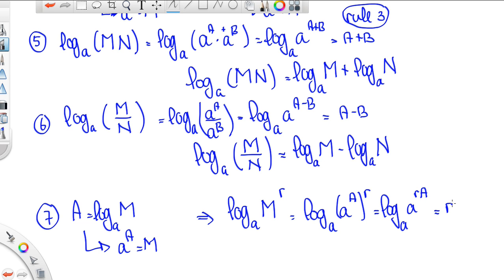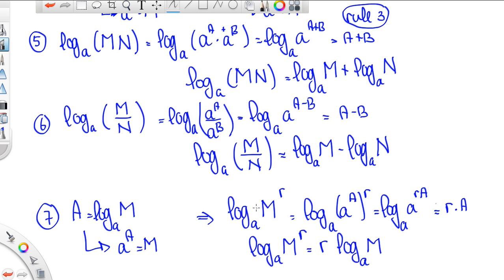And that means you just get r times a. So what do we have then? So we started with this, the log a of m to the exponent of r equals r, which was the exponent that we had, and then a. And a was the log a of m.